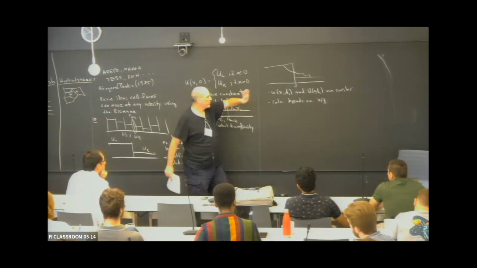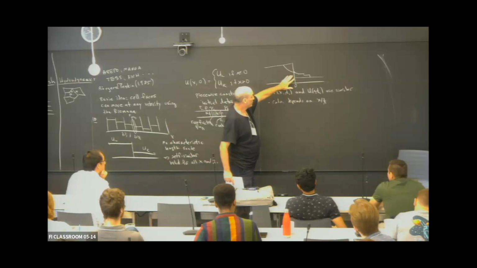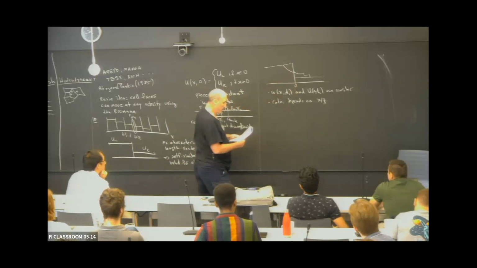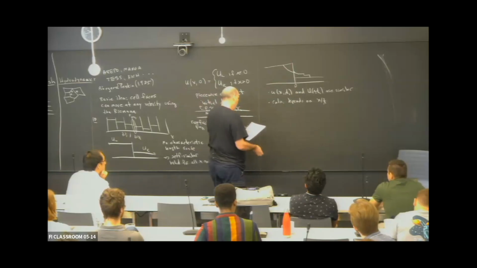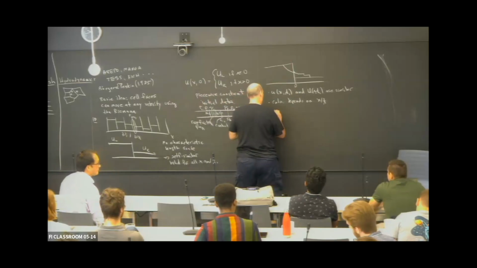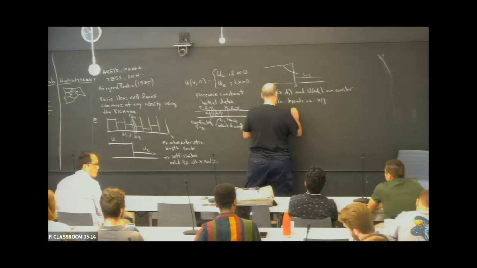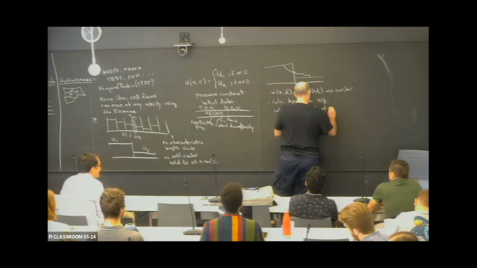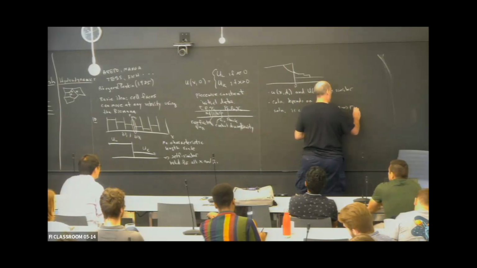So those interface values don't change, and that's really useful. So once you've solved this problem, you know what the interface fluxes are. Okay, so the solution depends on x over t, and the solution is constant at x equals 0. That's what we use for finite volume codes, static mesh.